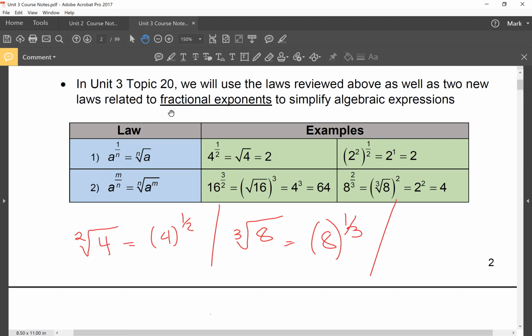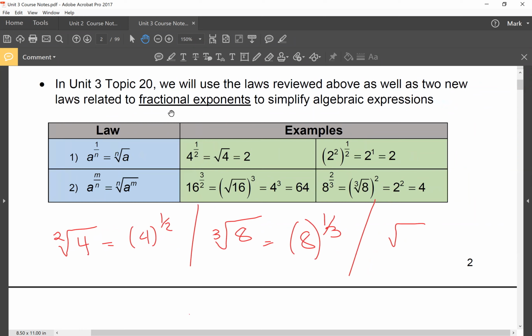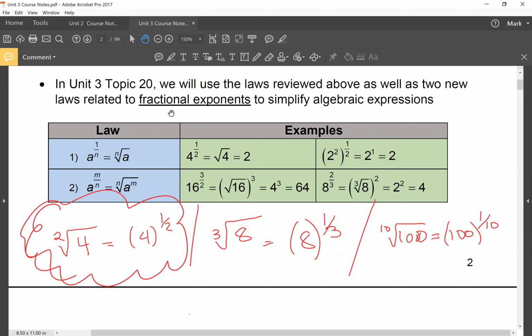If I take 100, and I put a 10 right here, this is 100 to the power of 1/10. So a square root, I want you to look at the left. What I'm circling there, a square root is just raising a number to the power of 1/2. It's really, really important that you know that.